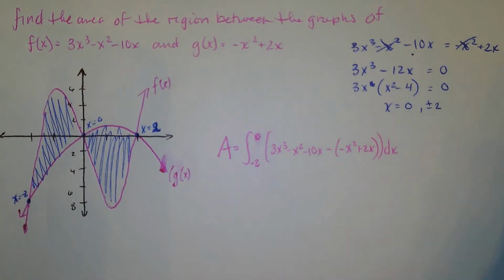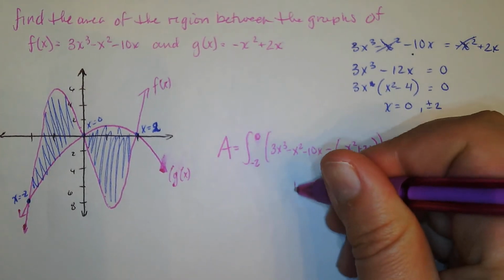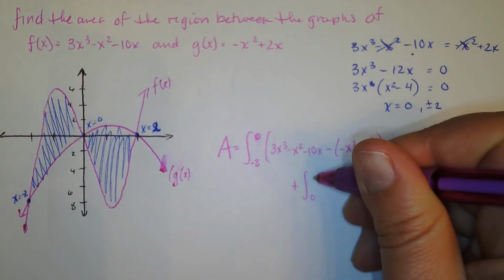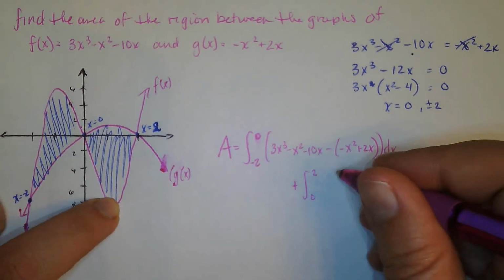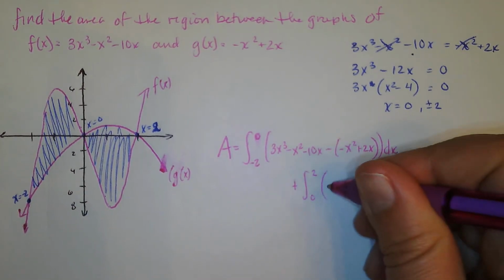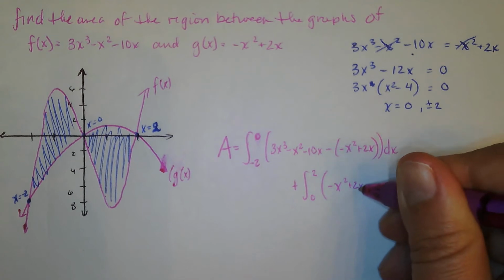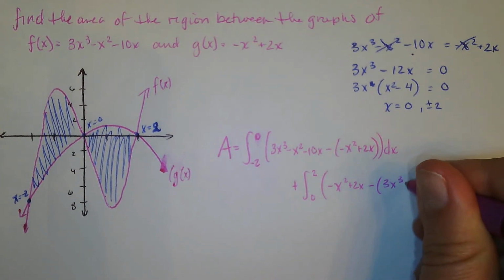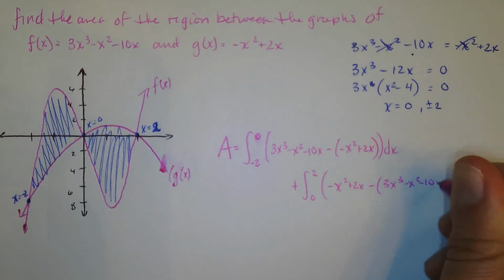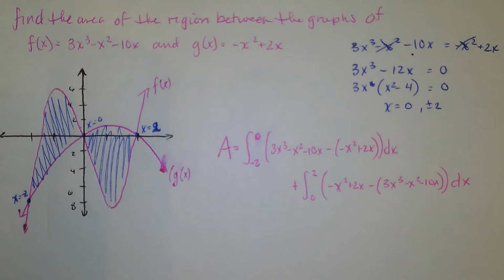And then to that we're going to add the other part, plus, now from 0 to positive 2, now we have g of x minus f of x. So we're going to have negative x squared plus 2x minus 3x cubed minus x squared minus 10x dx.